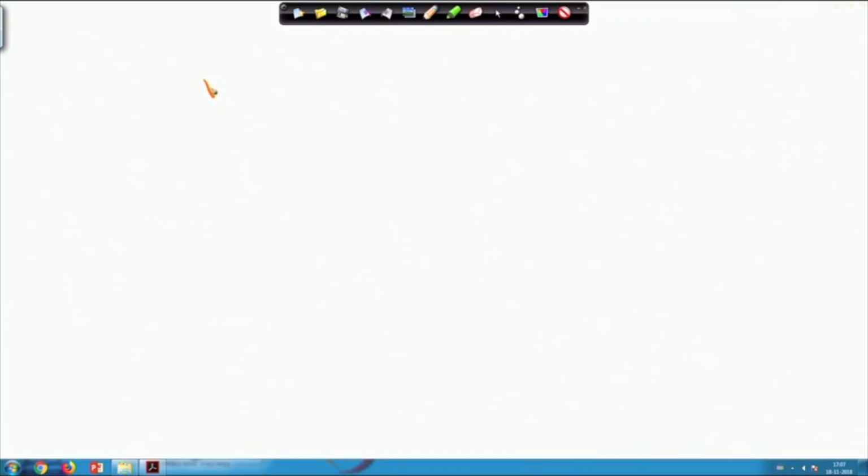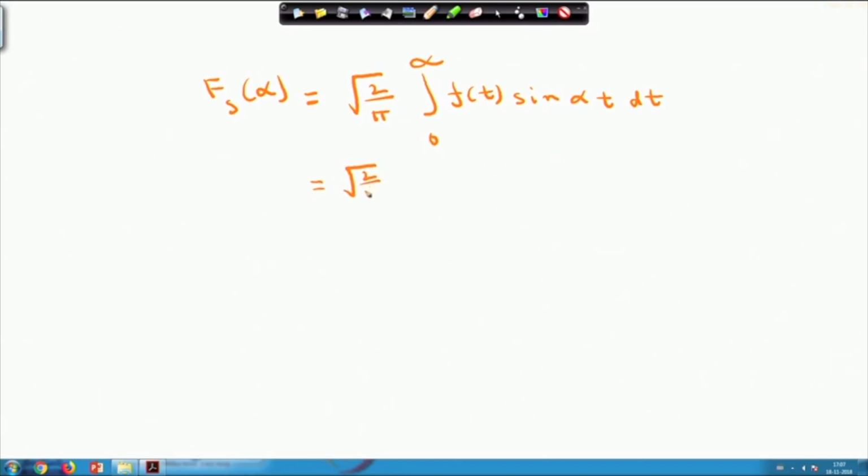Your Fourier sine transform, F_s of alpha, is equal to root over 2 by pi, integral 0 to infinity f(t) into sine of alpha t dt. This is basically root over 2 by pi into integral 0 to a, where the value of the function is 1, so sine of alpha t dt.